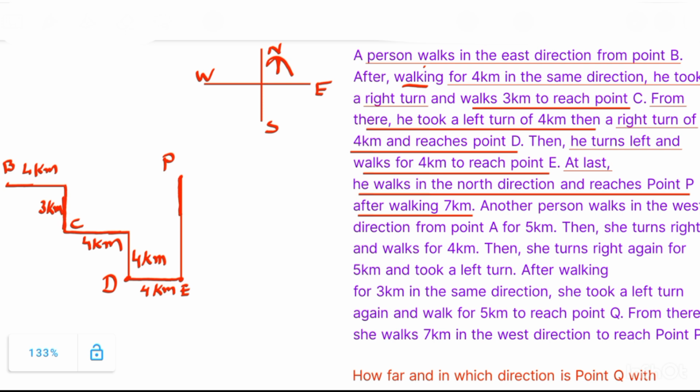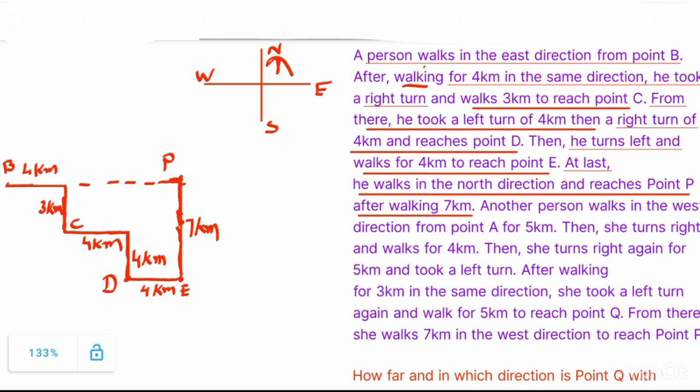So this is 3 and this is 4. So from here to here this is 4. So this is 7 kilometer. So he is at the level of point B. At this level, point P is at the level of point B.